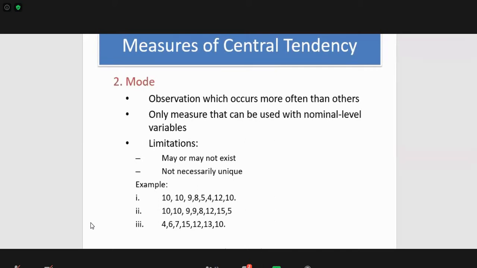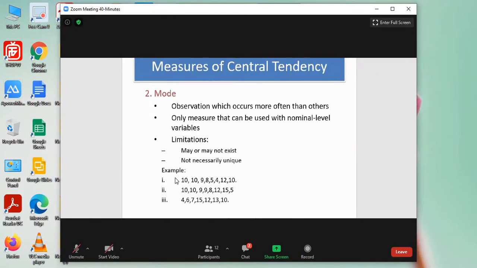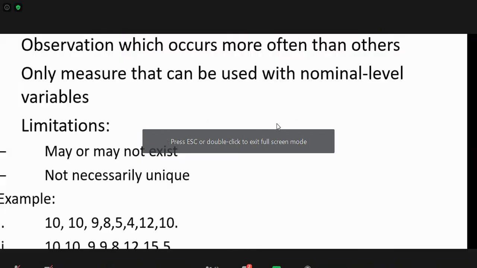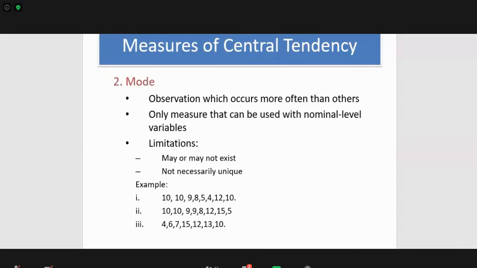So this example will clear it. Let's suppose we have 10, 10, 9, 8, 5, and 10. Are the slides clearly visible? Okay.